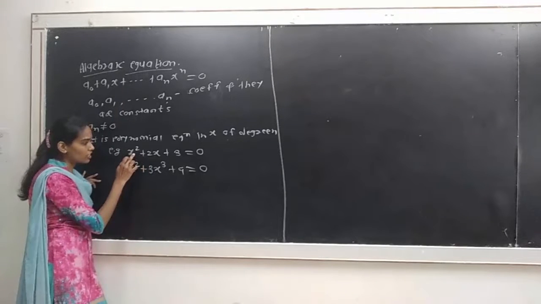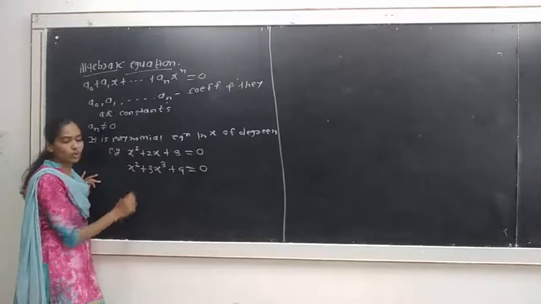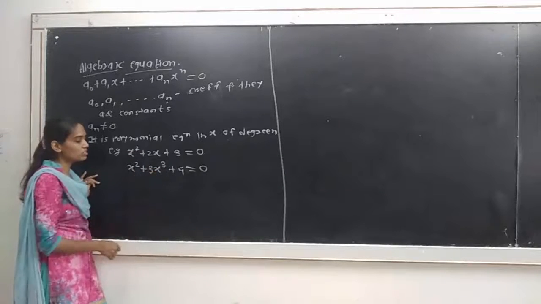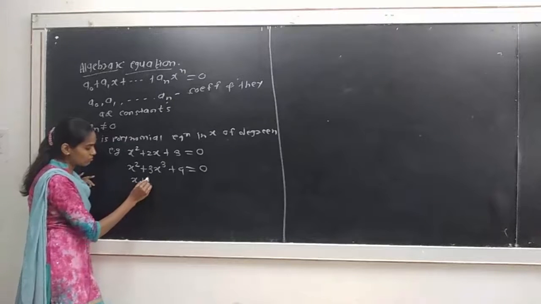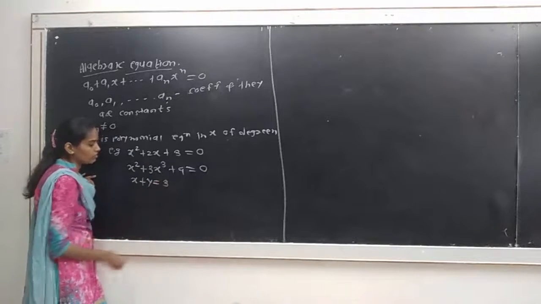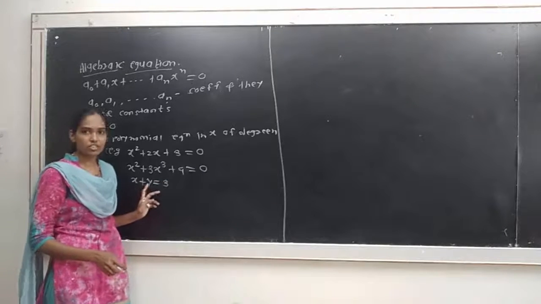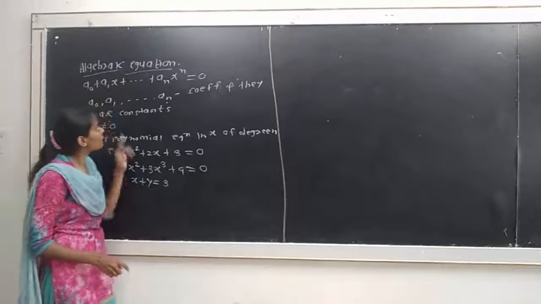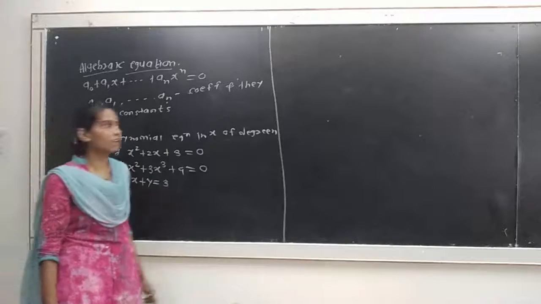Here the degree of the first polynomial equation is 2, and the degree of the second polynomial equation is 3. If we consider the equation x plus y is equal to 3, then it is called a linear equation, because the degree of this equation is 1. This type of equations is also called the algebraic equation.